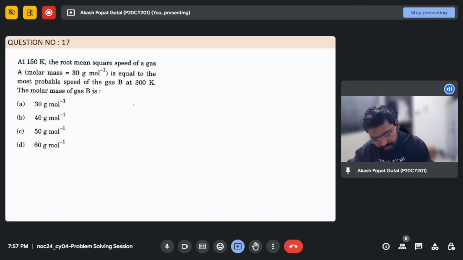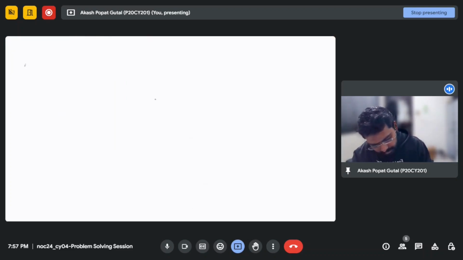So we'll extract out first what the things are that are given. The things that are given are temperature.